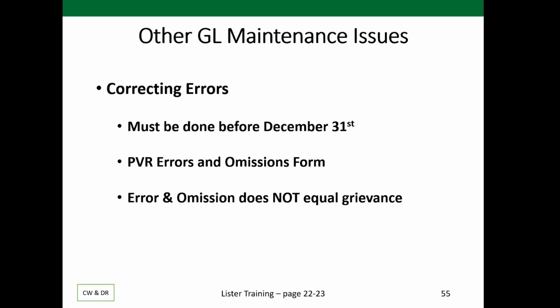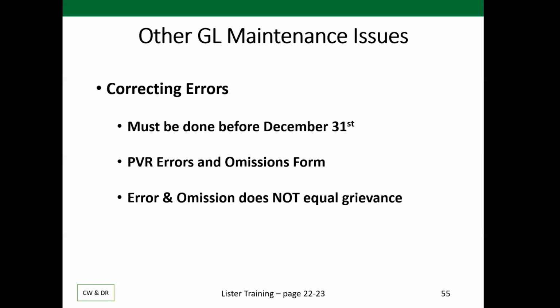So if you're increasing a value and you change something on December 31st, you're going to make your treasurer a little bit cranky because then they're having to wait for those current receivables into the month of January. So not typical to have them done that late, but they must be done before December 31st.